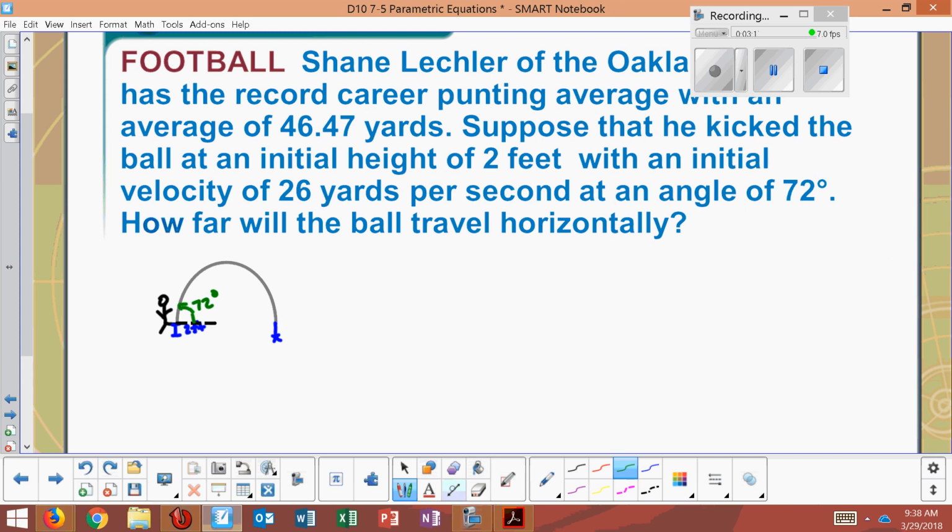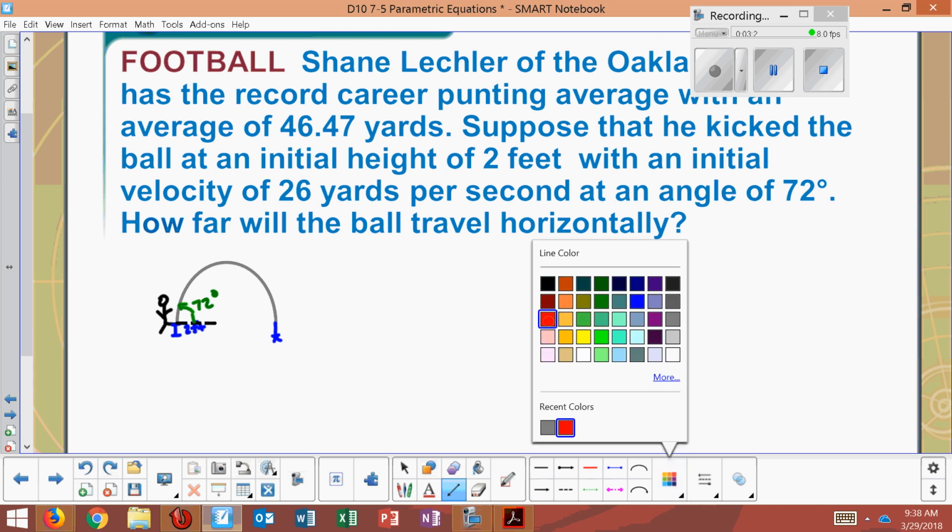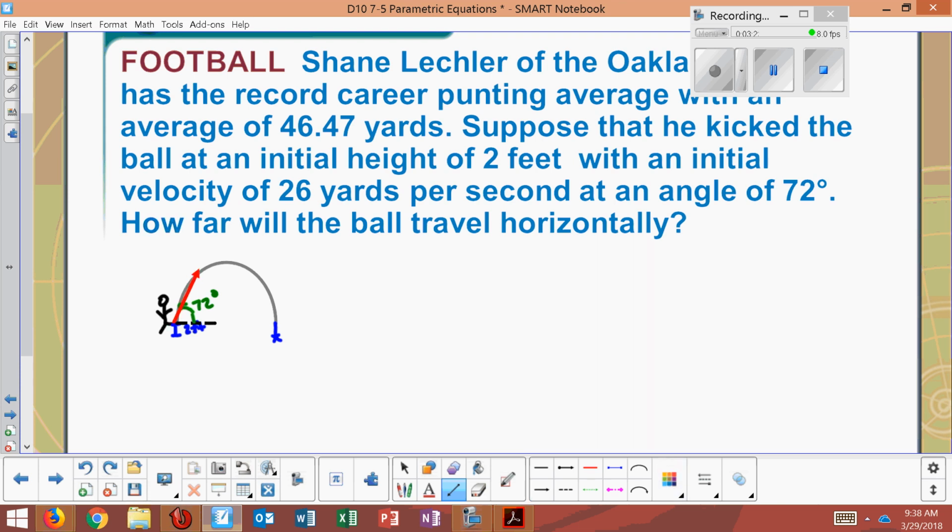That means it comes off like a vector, and I'll do this in red, like this, at 26 yards per second. That's how it comes off. So how far will the ball travel horizontally? What we want to know is that distance.